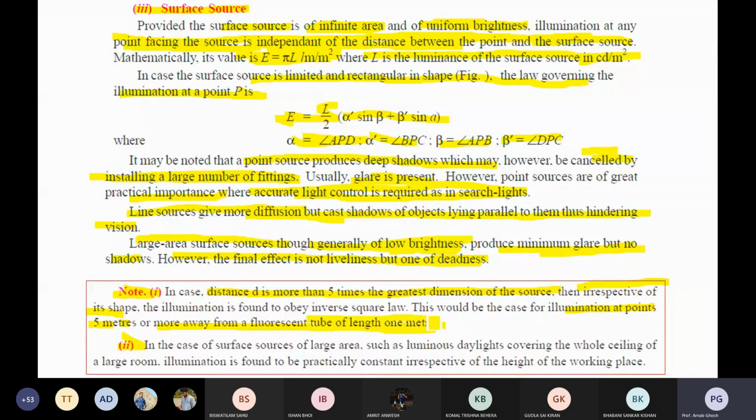Second point, in the case of a surface, a large area such as illumination by daylight covering the whole ceiling of a large room, the illumination is found to be practically constant irrespective of the height of the workspace.